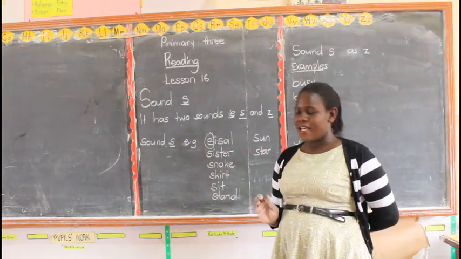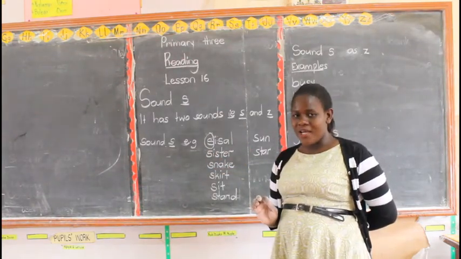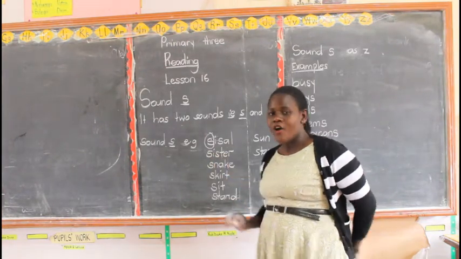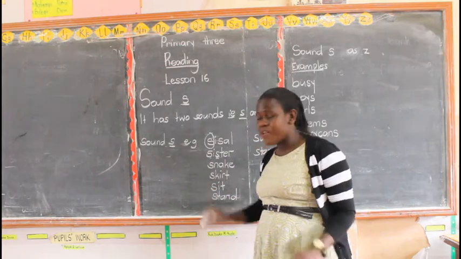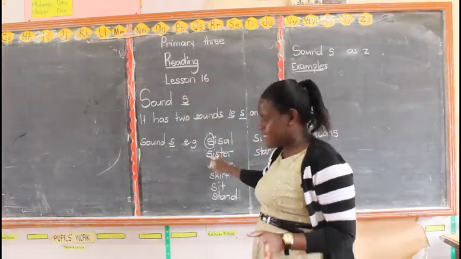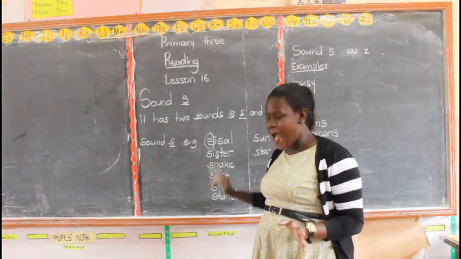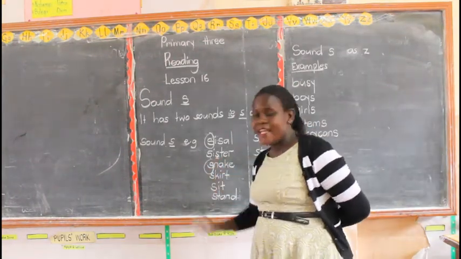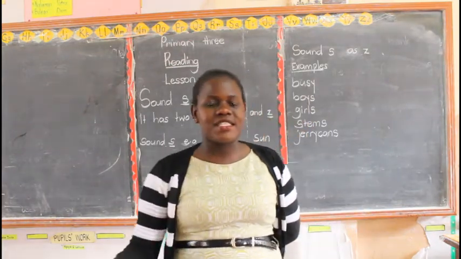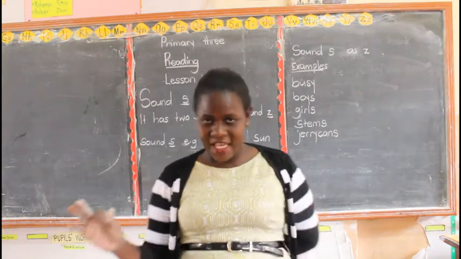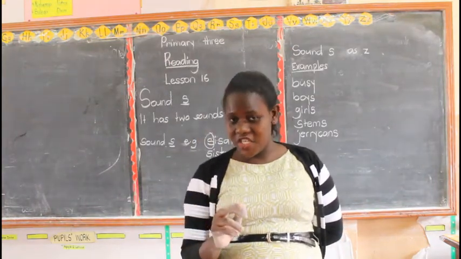Let us see the word sister. I think all these S are sounding S. Sister, sister. I say snake. This S is sounding S. Snake. Do you get it? You should differentiate.